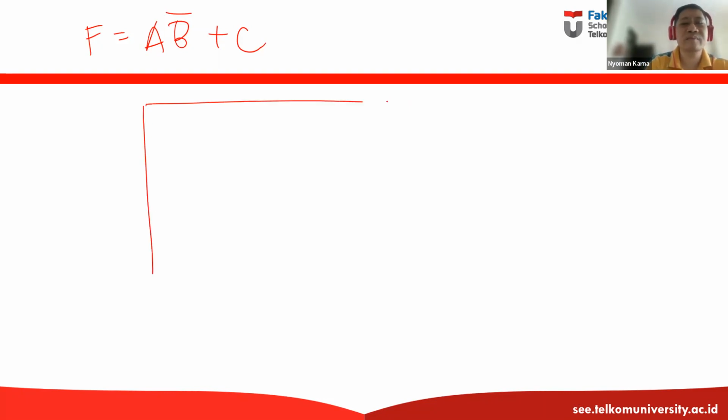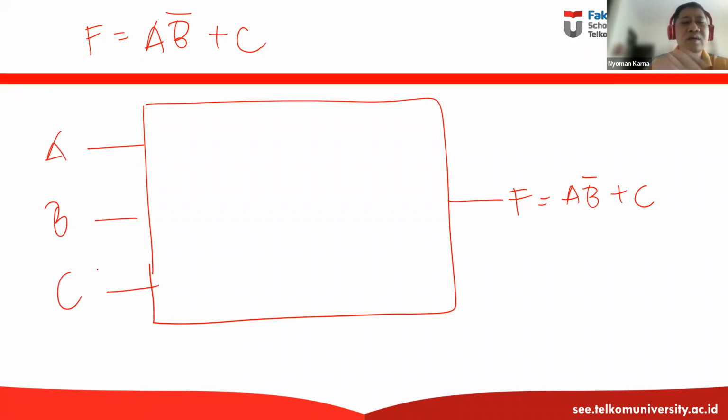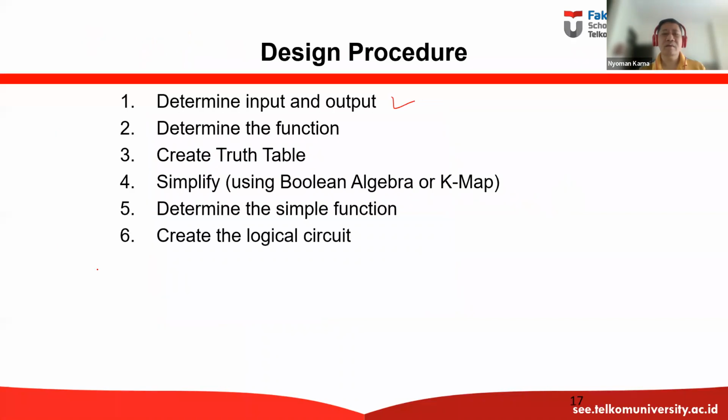So we have a block diagram. This is the output, F, which is A B naught plus C, and then we have 3 inputs, A, B, and C. Now, after we determine the input and output, determine the function, and then create the truth table, maybe we can simplify, determine the simple function, and then create the logic circuit.